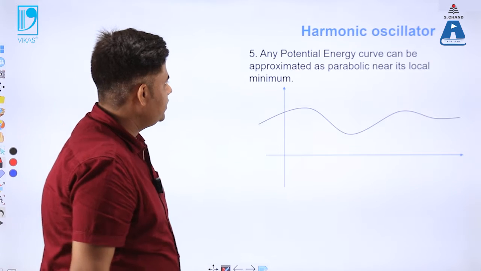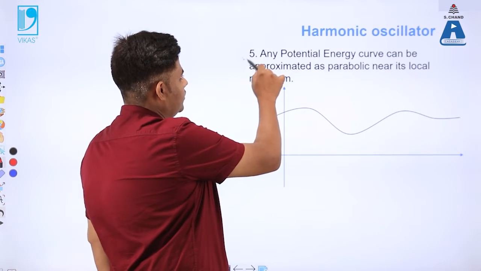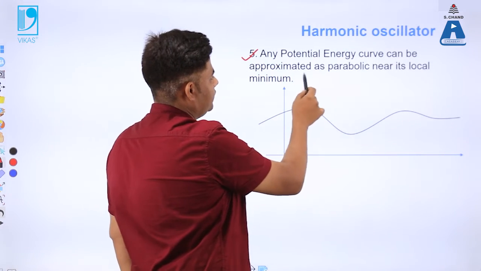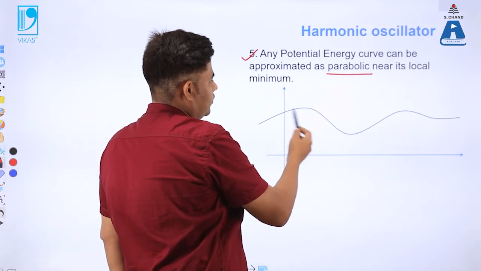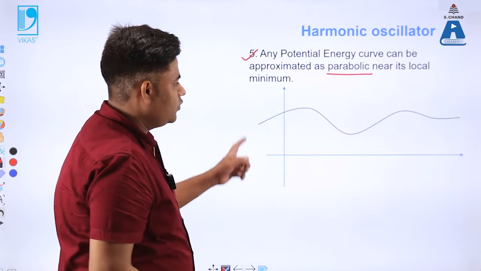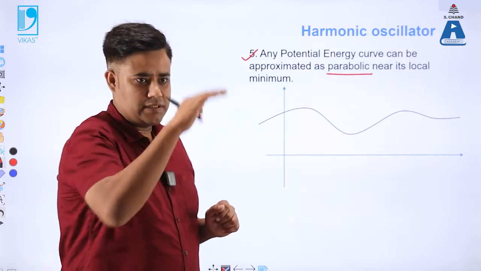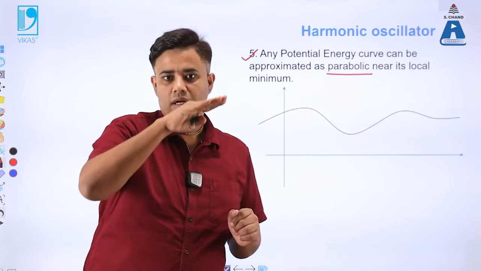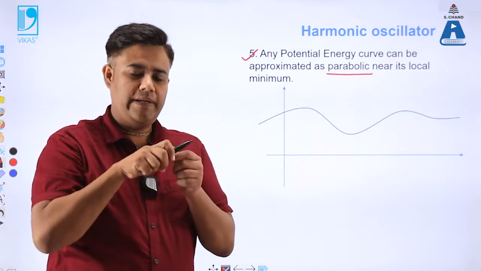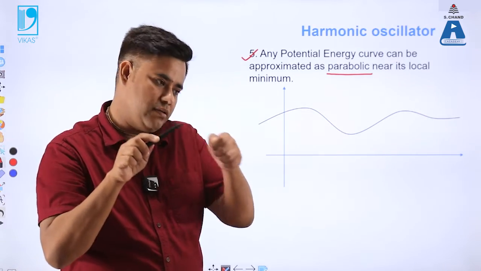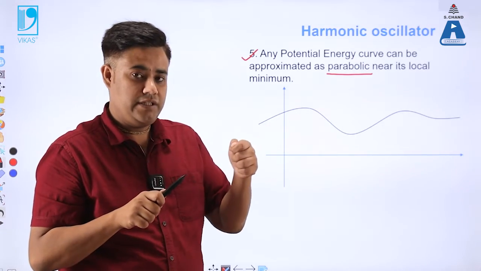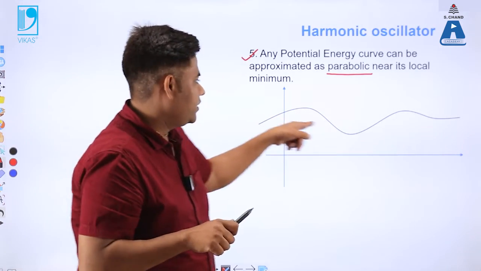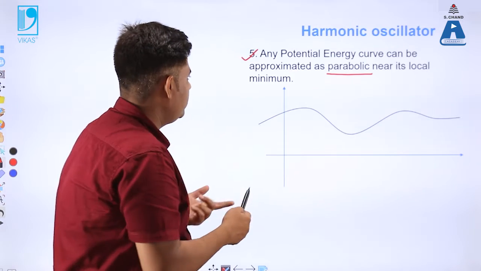And the fifth conclusion is that any sort of potential energy curve can be approximated as a parabolic function near its local minima. I have told you that the spring mass system is continuously moving from the top to the bottom position, and if we place a pencil over the surface and continuously stretch the sheet from the system, we will get a curve like this. And what do I want to find out?